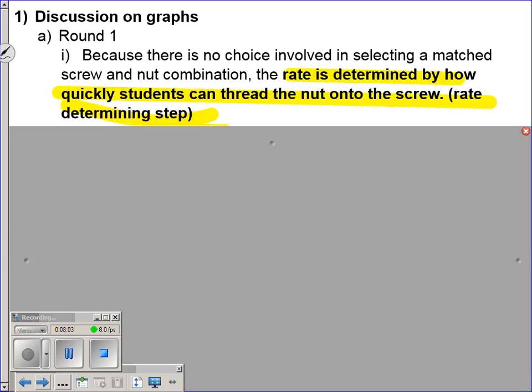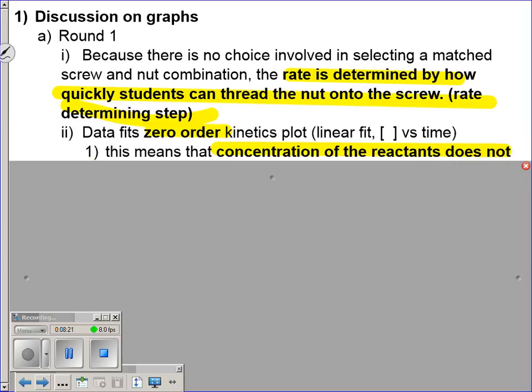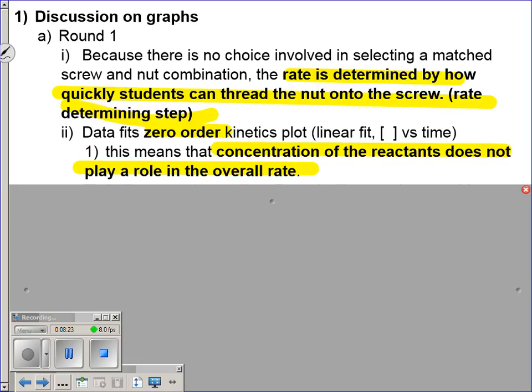So you guys were like, oh, Emma's the rate limiting step or the rate determining step because maybe she took 5 seconds versus Allie's 4.99 seconds. I don't know. So you had some things that influenced the rate, but you weren't reactants. The screws were reactants. So if your reactants play zero role in the rate of reaction, you call that zero order.